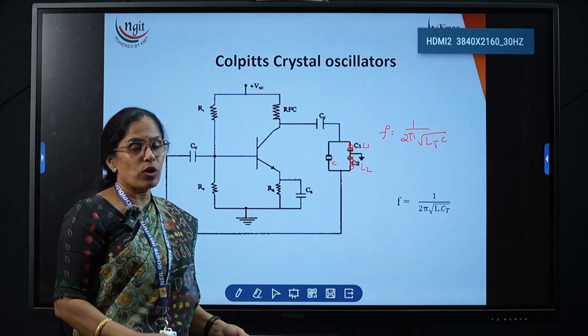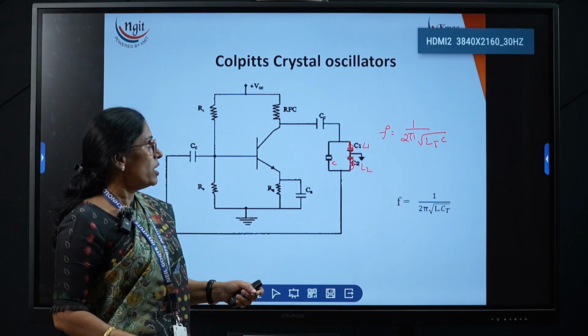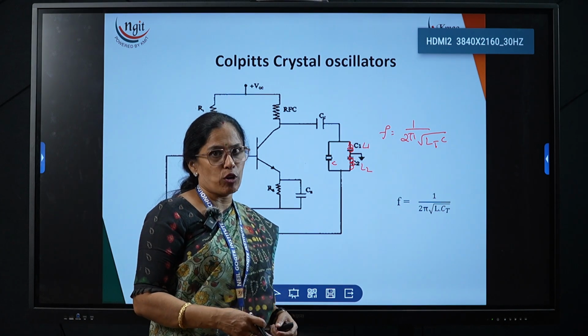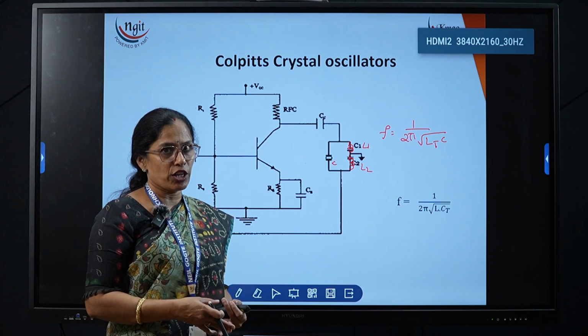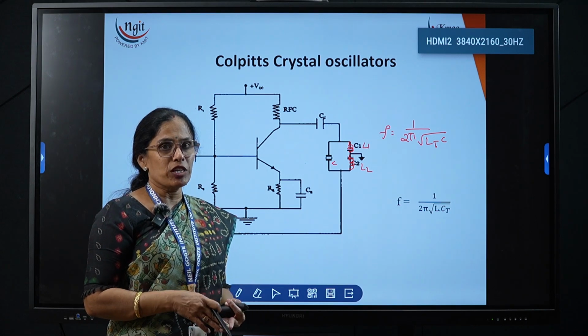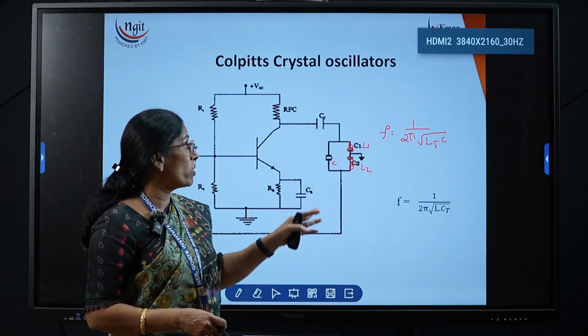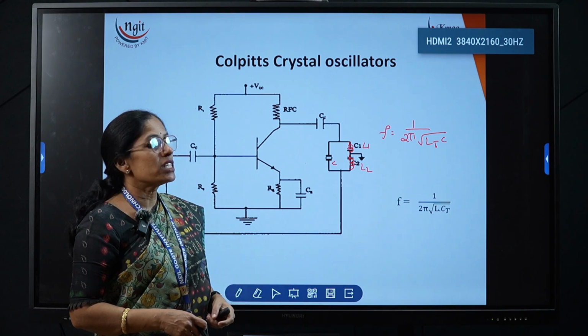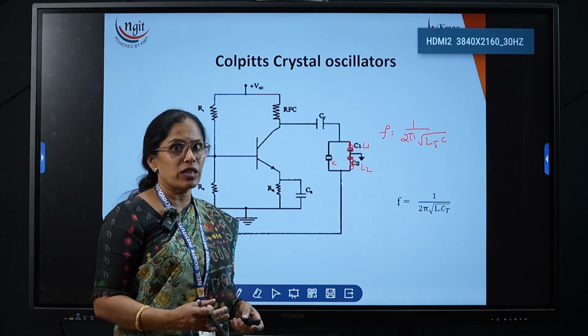By avoiding the inductor, we can reduce problems like the cost, size and weight of the circuit, and also frequency fluctuations. Many things we can avoid if we avoid the inductor. That's why we go with the Colpitts crystal oscillator, simply replacing the inductor with the crystal.